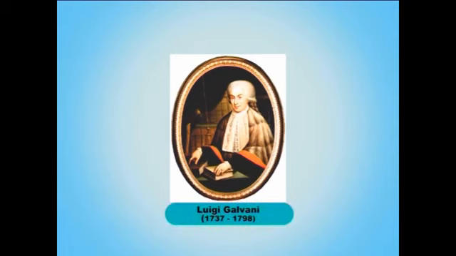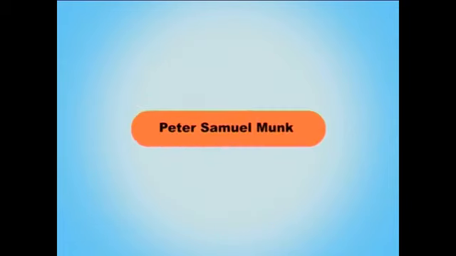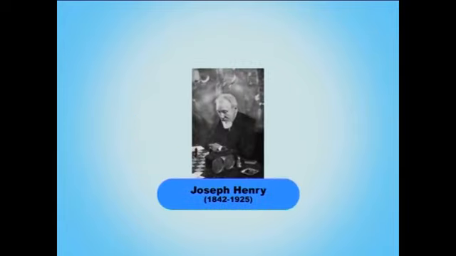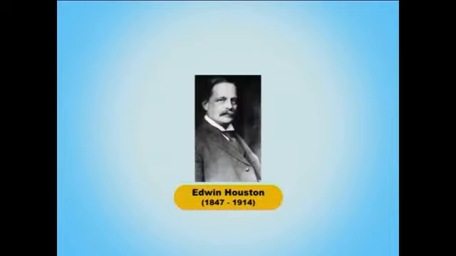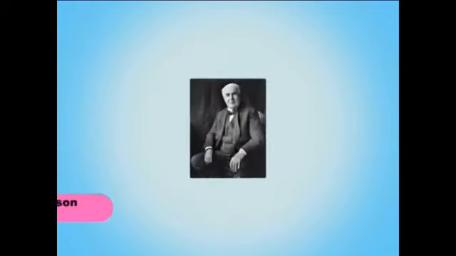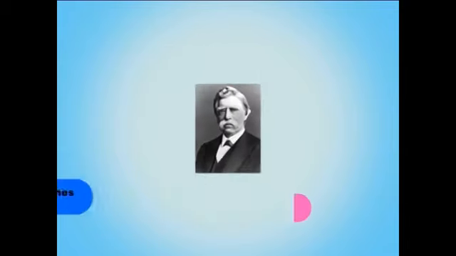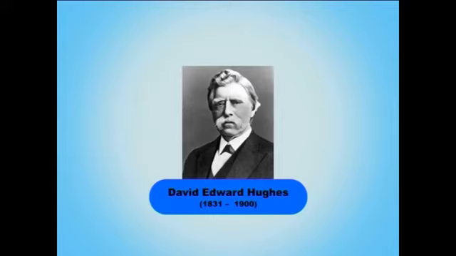The effects of electromagnetic waves, then unexplained, such as action at a distance and sparkling behavior, were actually observed before and after Maxwell's work by many inventors and experimenters, including Luigi Galvani, 1791, Peter Samuel Munk, 1835, Joseph Henry, 1842, Samuel Alfred Varley, 1852, Edwin Houston, Elihu Thomson, Thomas Edison, 1875, and David Edward Hughes, 1878.